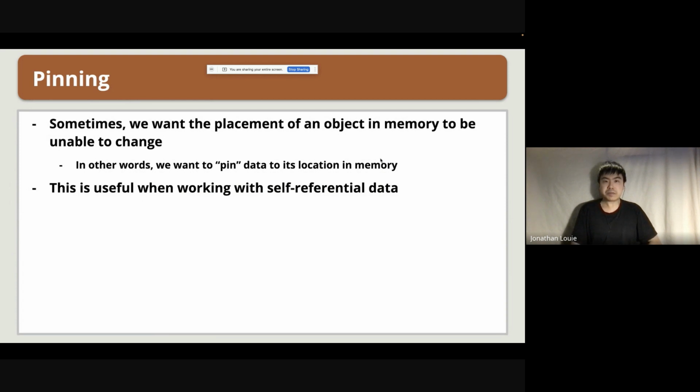In particular, this really only seems to be useful when working with self-referential data. I haven't really seen any other use cases for pinning. There might be some out there, but largely all the context that you'll see pinning used in is with self-referential data. So what do I mean by self-referential data?